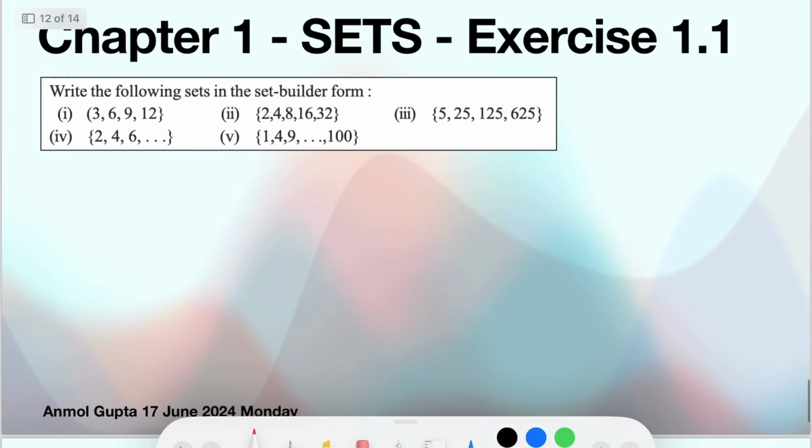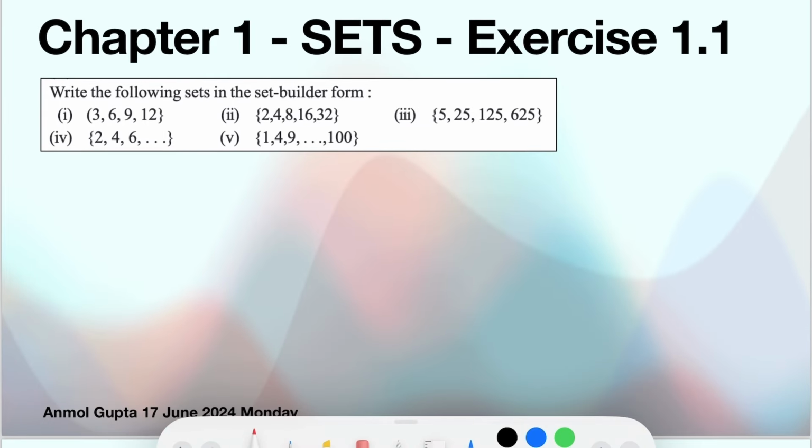Moving on to the next question, write the following sets in the set builder form. The first question is 3, 6, 9, 12.